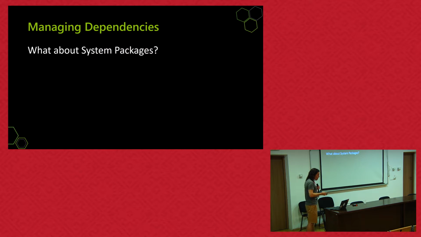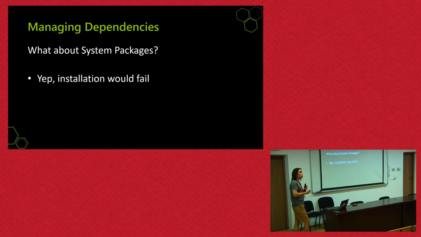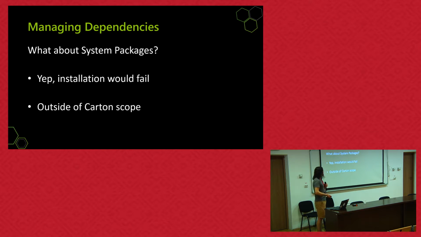Now, what about system packages? What happens if I have a dependency that requires OpenSSL, for instance? In that case, the installation process would obviously fail. I wouldn't see it as a limitation in Carton; I would say it's just way out of its scope.